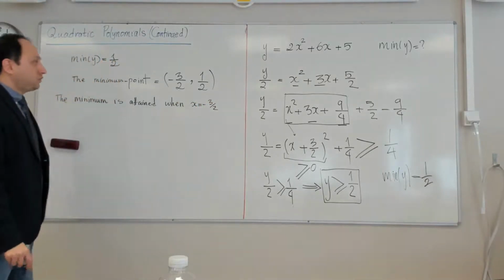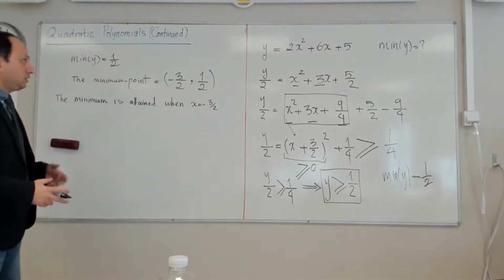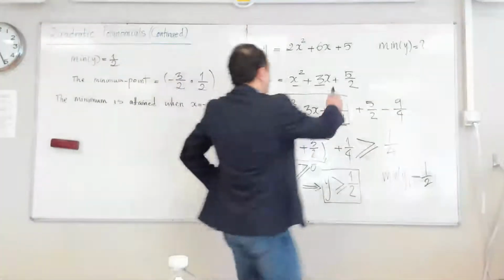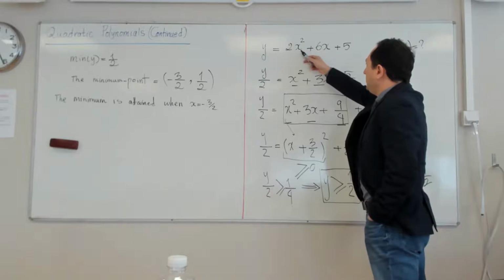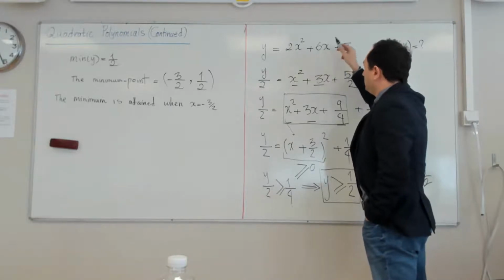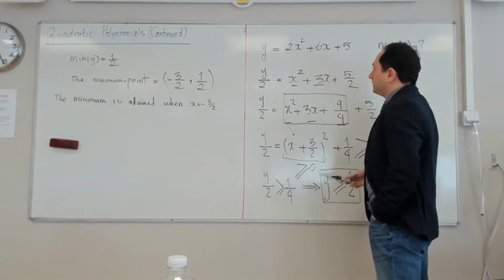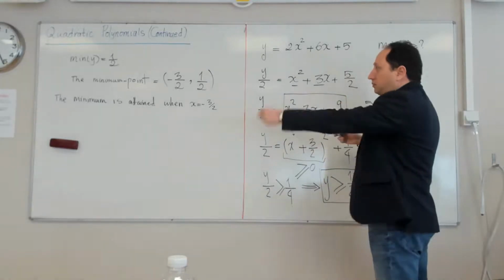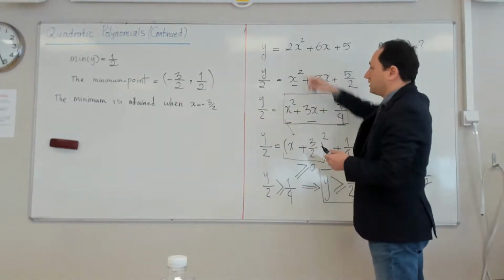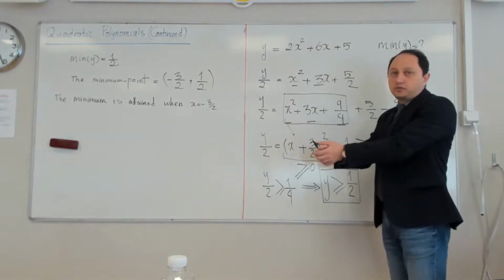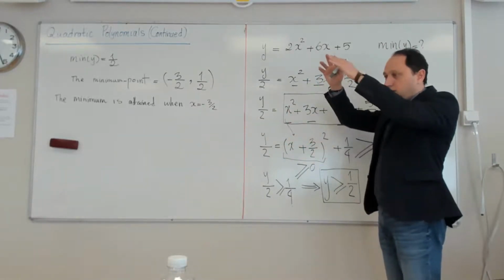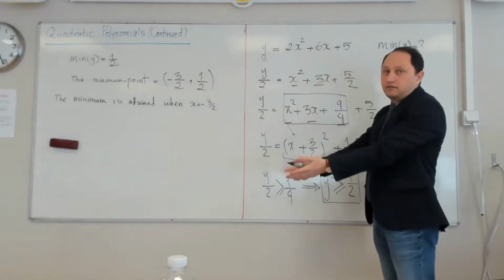Let me just repeat. I want you to understand what is the meaning of your calculation. For this function, you are allowed to put any number that you like instead of x. There are infinitely many numbers that you can put instead of x. There are infinitely many numbers that you get as your output. Assume that the outputs are in a bag.